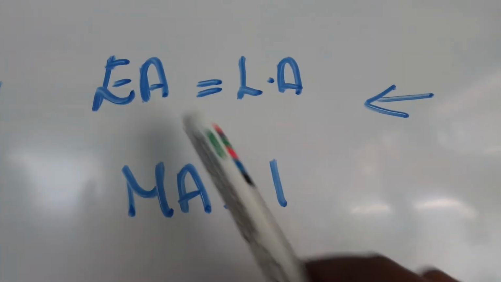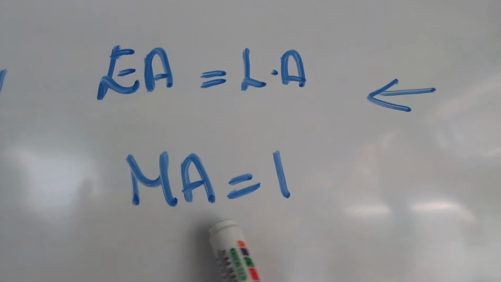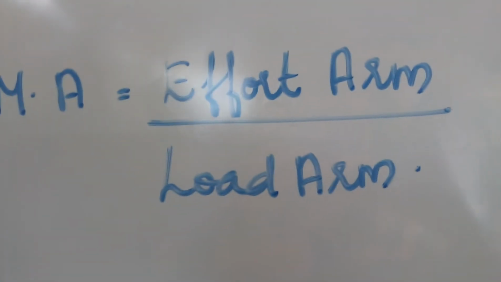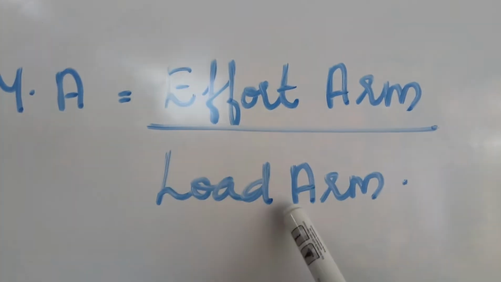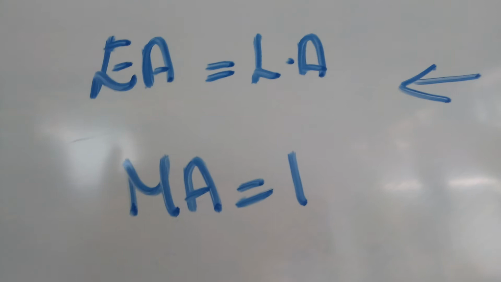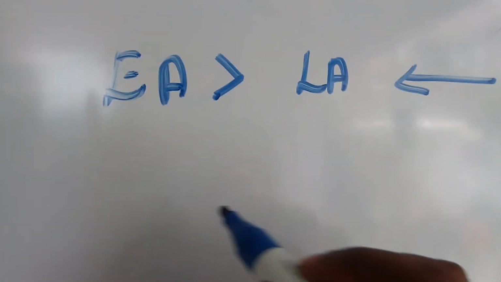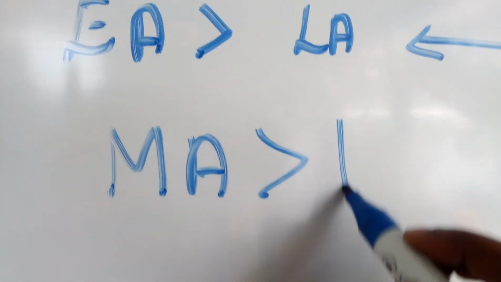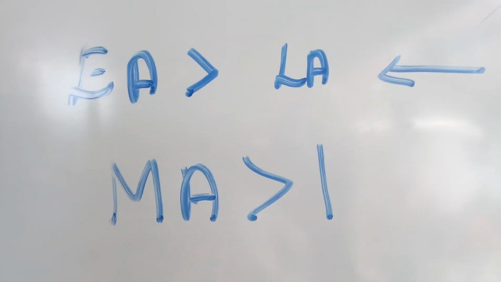If the load arm is equal to the effort arm, the value of mechanical advantage is equal to 1. If the mechanical advantage is equal to 1, what will be the function of a simple machine? It is a machine which is used to change the direction of the effort to a convenient direction.